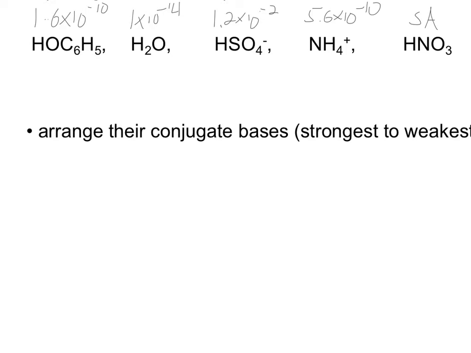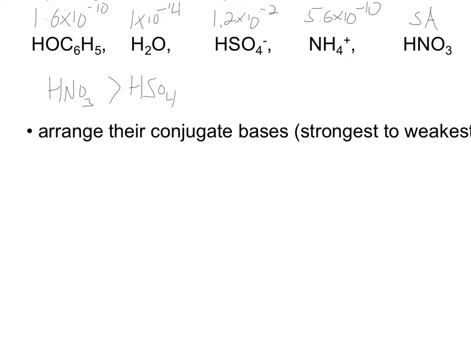So we arrange them in order, strongest acid to weakest acid. Well, the strongest acid is going to be HNO3 because it's a strong acid. That will be bigger than HSO4 minus, which is 1.2 times 10 to the negative 2nd.